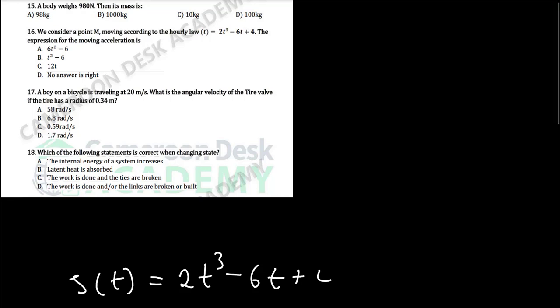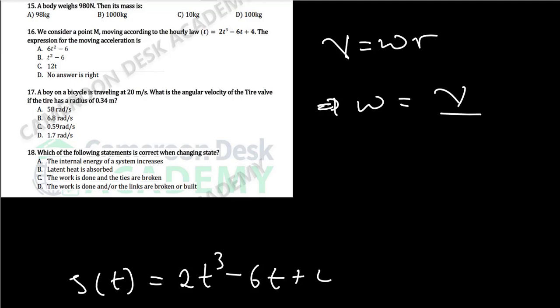A boy is traveling with a speed of 20 meters per second, so the linear speed is related to the angular velocity by v is equal to omega r. So omega will simply be equal to the speed divided by r. The speed is 20 meters per second, so that will be 20 divided by 0.34.